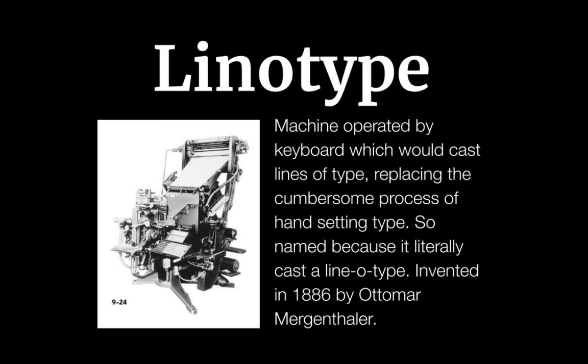You can very quickly and rapidly create an entire page of text without having to hand set type. And here we also see the keyboard, which is something we now take very much for granted, but was a major step forward at that point in time.